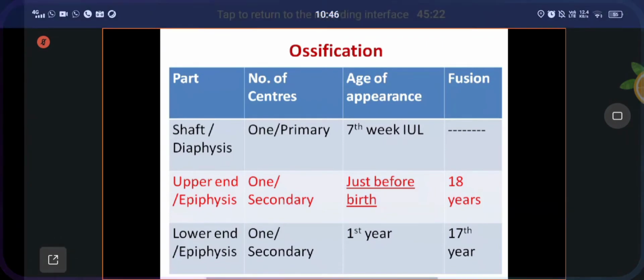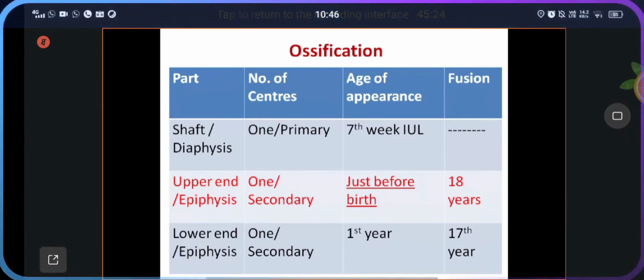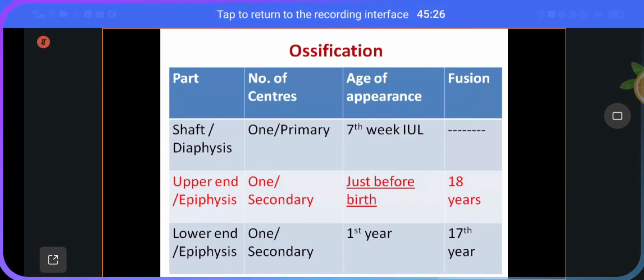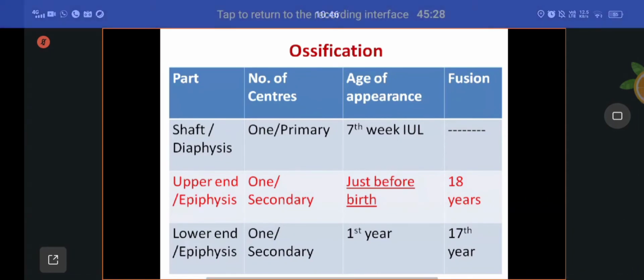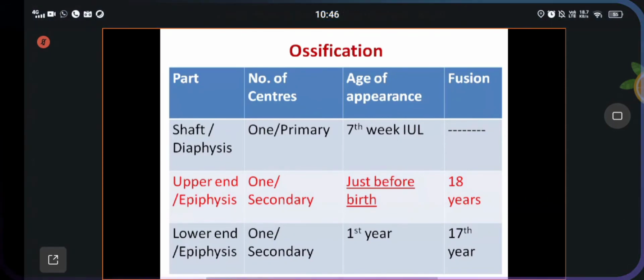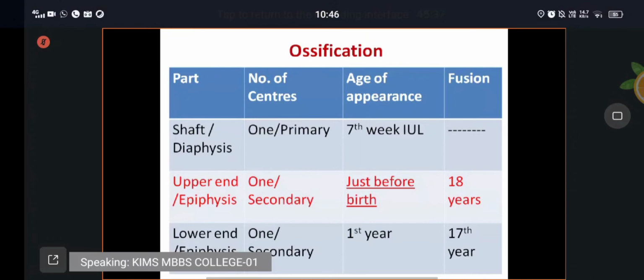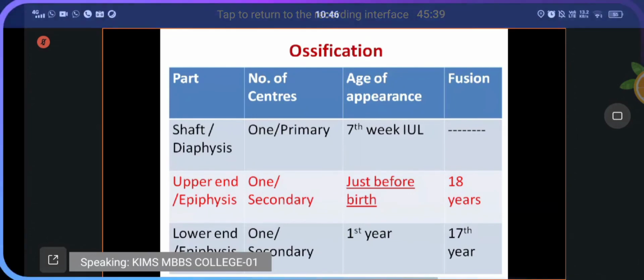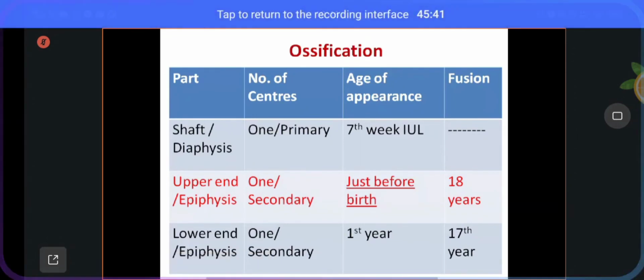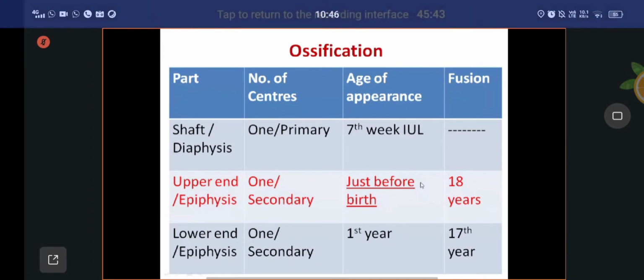If you take the lower end of the femur and the upper end of the tibia and fibula, this is very, very important. They violate the law of ossification. The secondary ossification centers of the lower end of the femur and the upper end of the tibia and fibula appear just before birth, at the time of the 9th month.